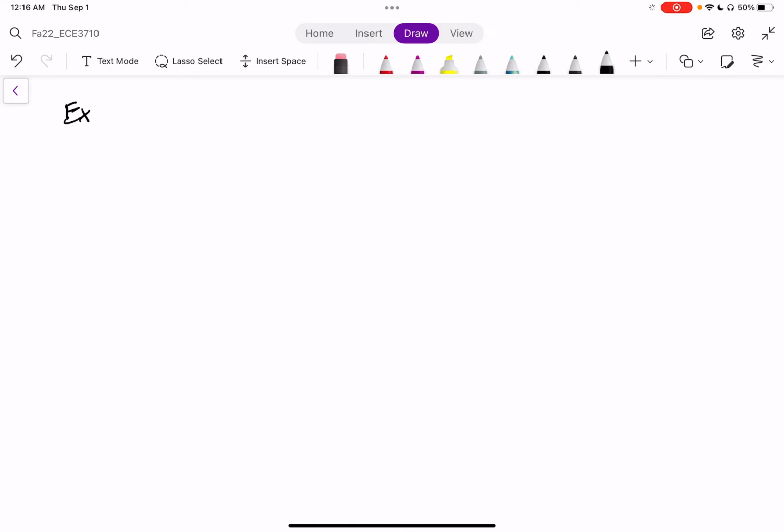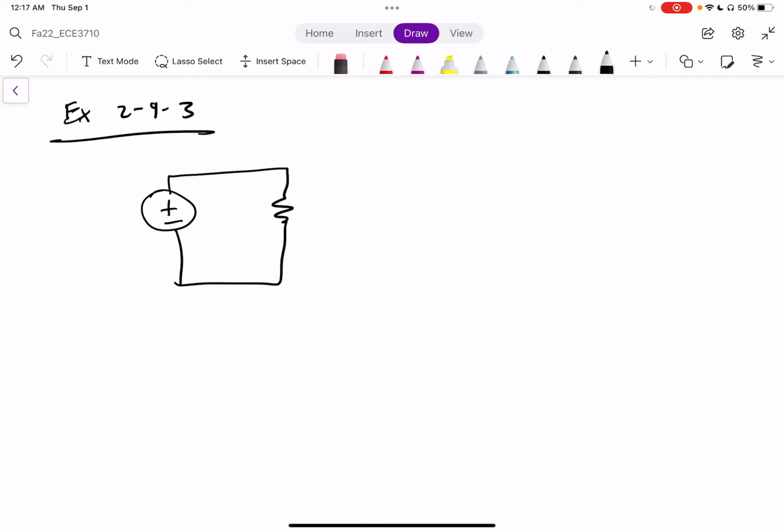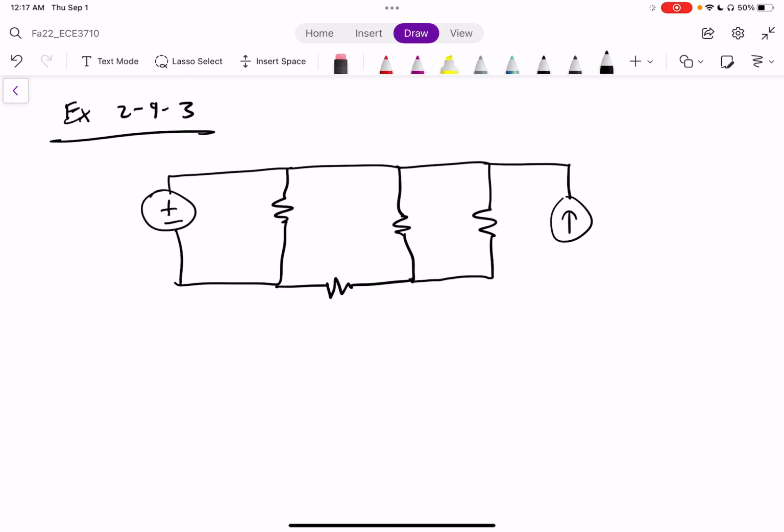I'm going to call this example number 2-9-3 for any random reason that would float your boat. R2, R1, Vs, and we are told that it's minus plus V2.